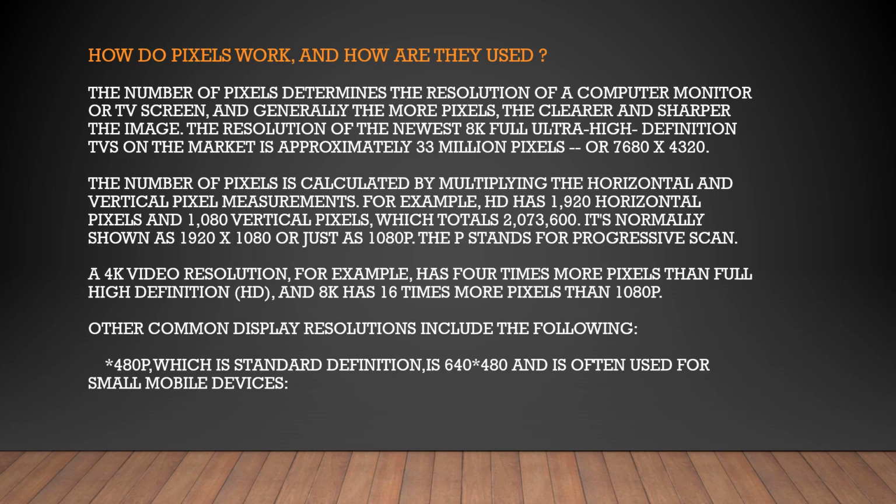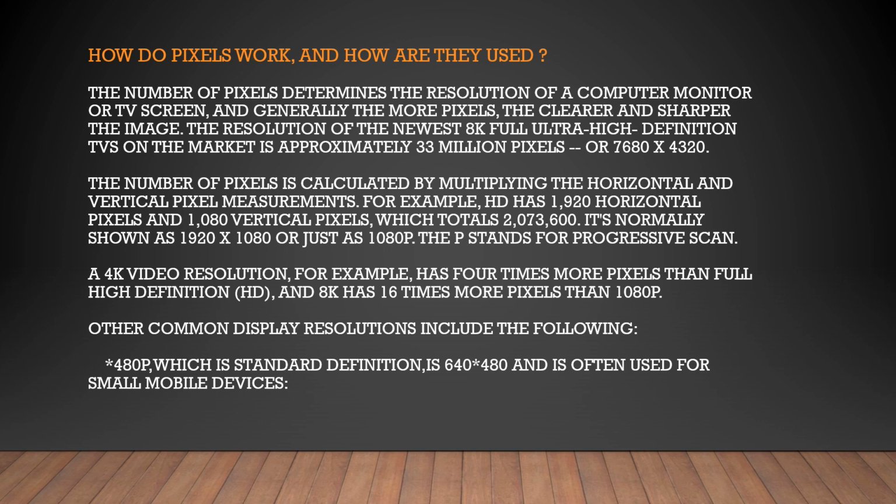Let us see how pixels work and how they are used. The number of pixels determines the resolution of a computer monitor or TV screen, and generally the more pixels, the clearer and sharper the image.